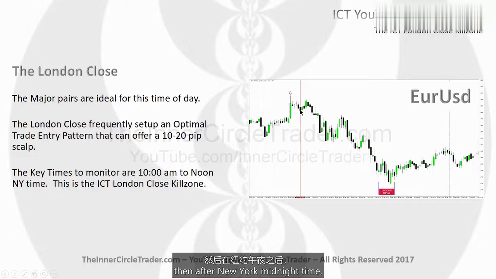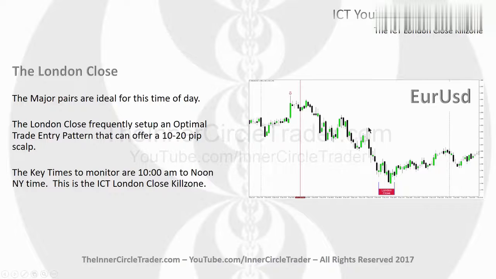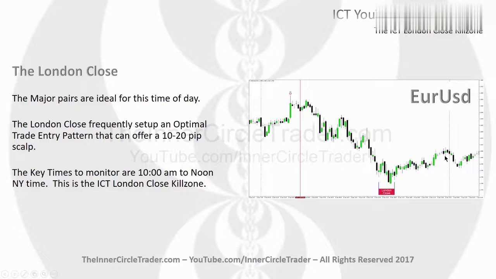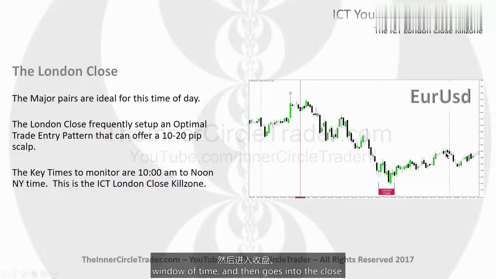Then after New York midnight time, we had a high form again in London high, New York session high, and then the low of the day forms exactly at the parameters between 10 a.m. and noon New York time. This is the ICT London Close kill zone. Market trades higher off that window of time and then goes into the close.